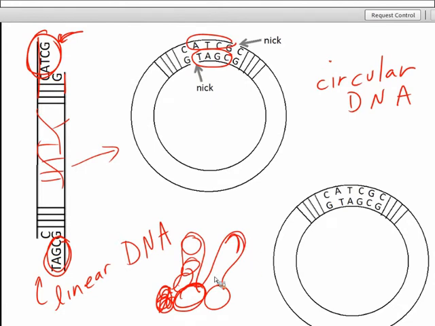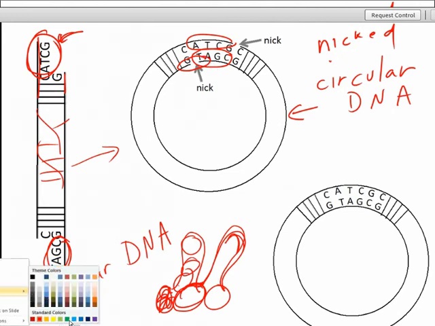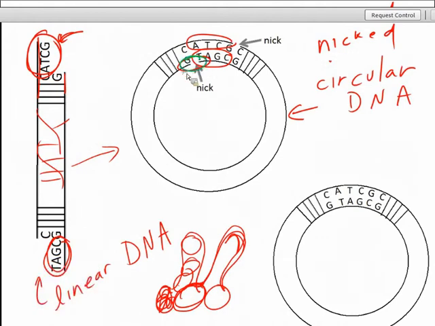So when you've got the ends fixed, you'll have similar types of problems that you have for circular DNA and also for long DNA. So on this side, we've got nicked DNA because the phosphate backbone here is broken. If I take a look at this thing right here, it's not sealed.